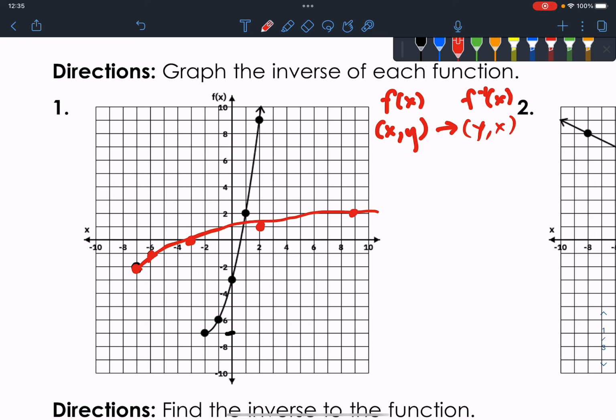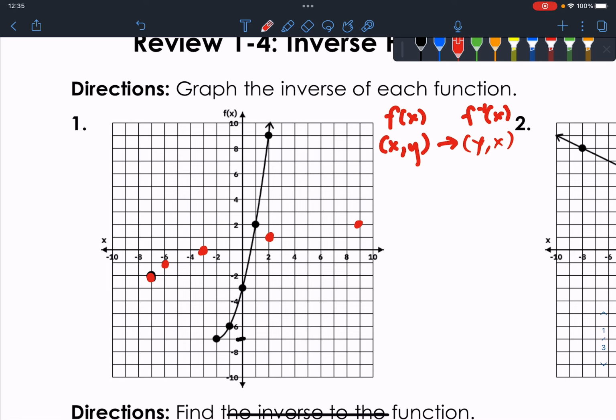And I missed that middle point right there. And there is our inverse.